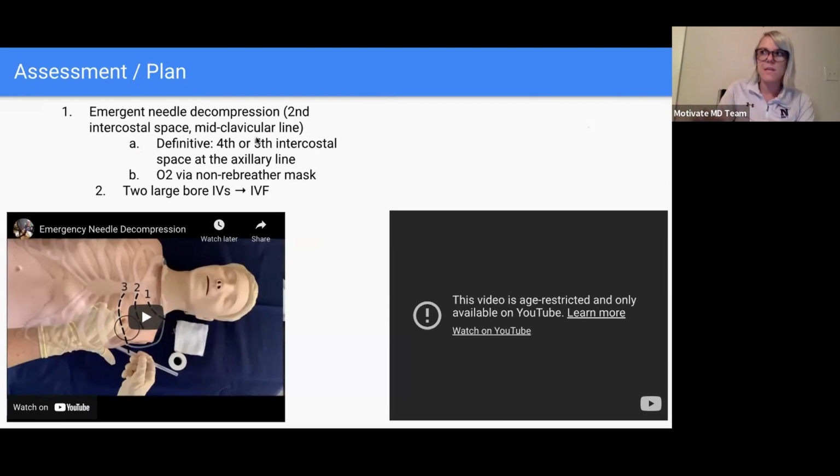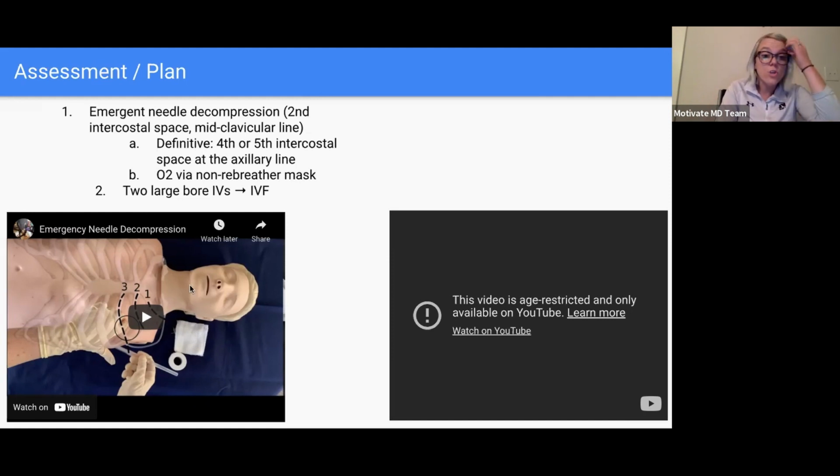It may not be too late, but often this is a clinical diagnosis. And if you have suspicion that this patient has a pneumothorax, don't wait to get an x-ray. You're going to do this intervention earlier.